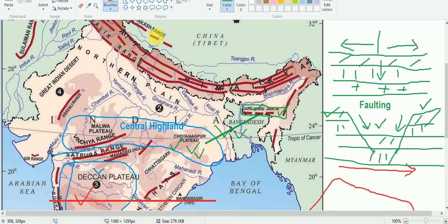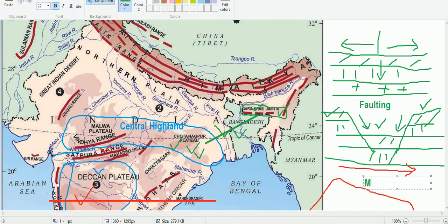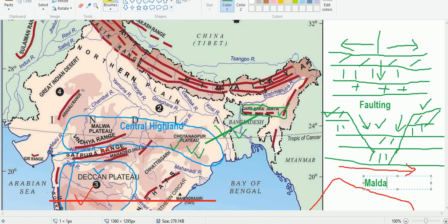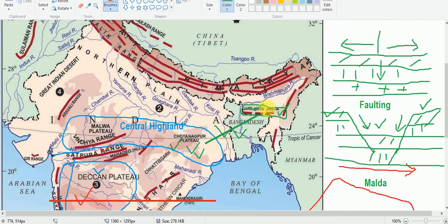And the name of the faulting here is known as Malda fault. Because of this faulting process, the Meghalaya Plateau was separated from the Peninsular Plateau. So that is the point mentioned here.